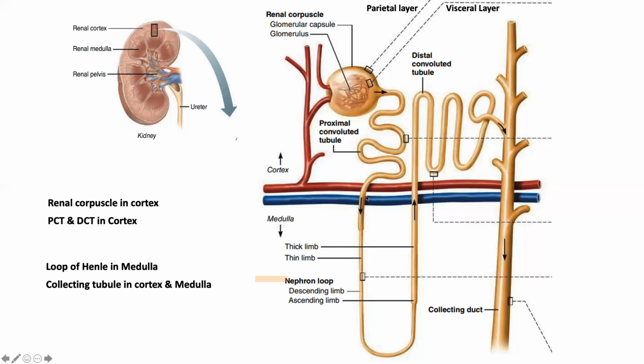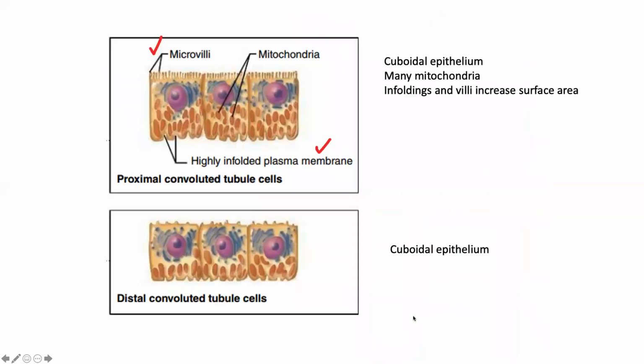And therefore, the renal corpuscle, proximal convoluted tubule, and distal convoluted tubules are in the cortical portion of the kidney, and the loop of Henle is in the medullary portion of the kidney.